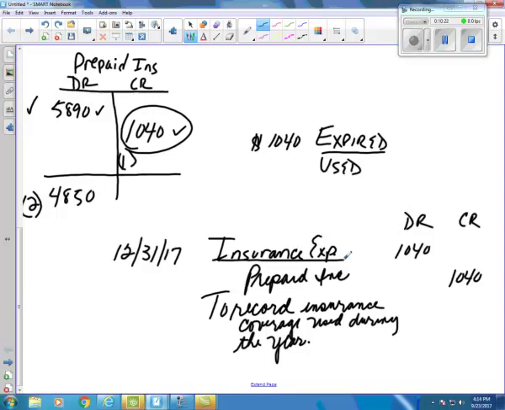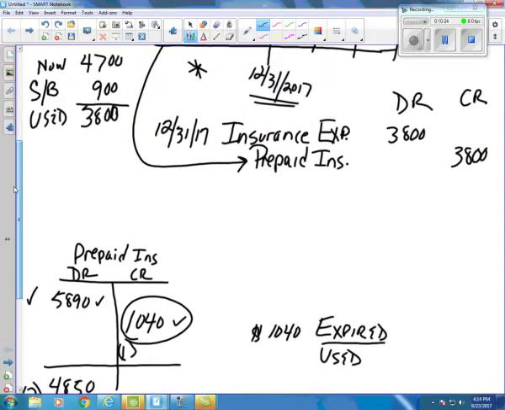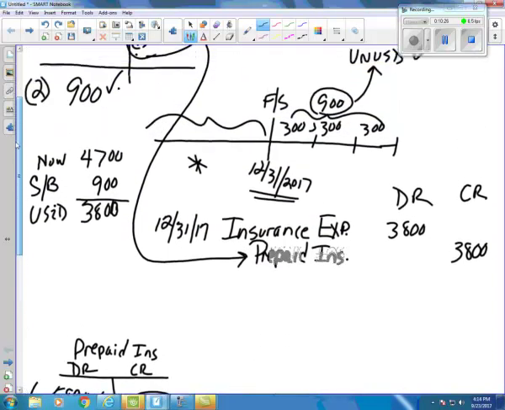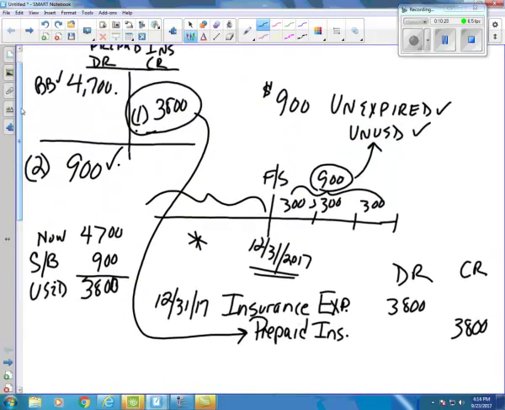Remember, whether we were up here or down below, what we were trying to determine is what was our decrease in prepaid insurance, because we have to record the expense. The journal entry itself is the same. We debit the expense and we credit the prepaid. Same thing we did down here.